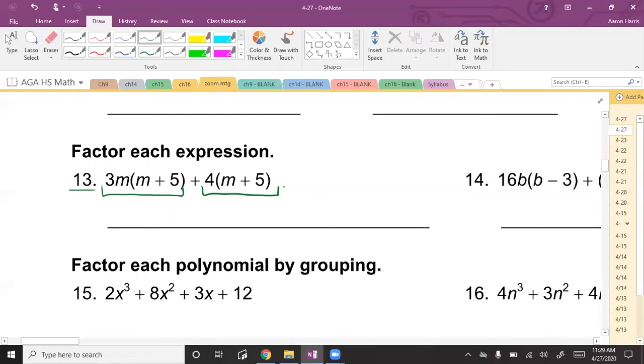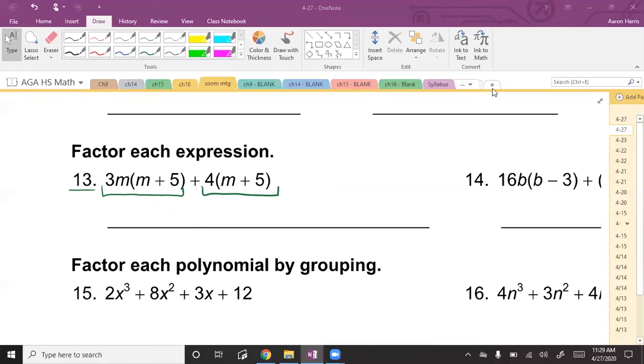Terms are separated by plus or minus signs, correct?